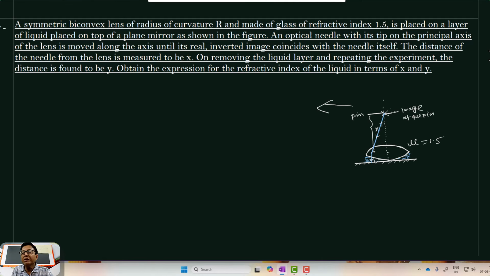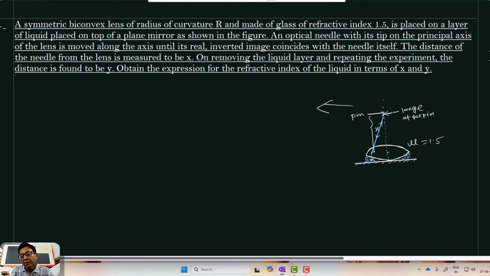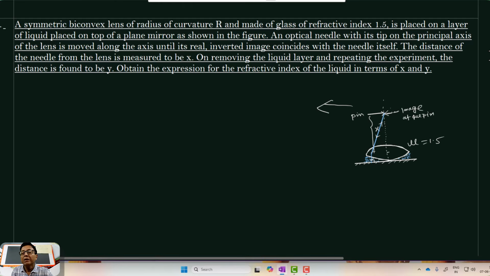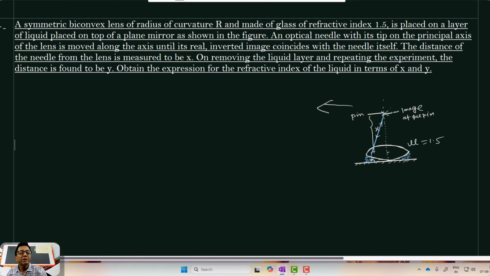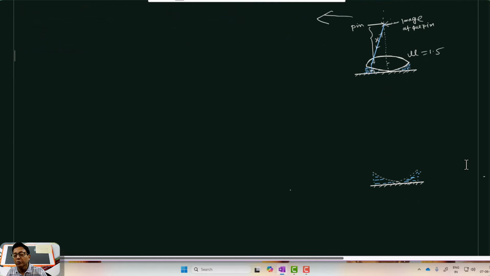An optical needle, with its tip on the principal axis, this is the needle, not pin, is moved along the axis until the real inverted image coincides with the needle itself. The distance of the needle from the lens is measured to be x. On removing the liquid layer and repeating the experiment, the distance is found to be y.